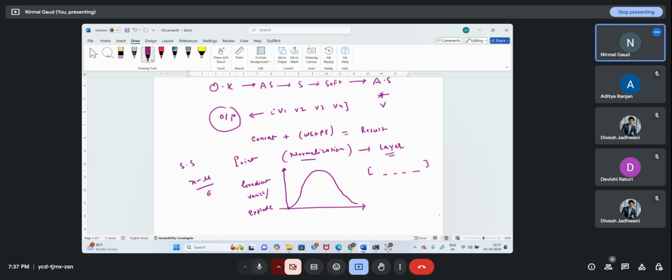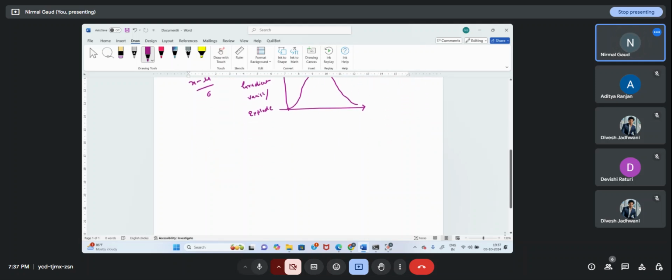So I want to give you some tips here. Let us suppose your input x is of n cross d. D is the dimension of the model, and n is the sequence length.